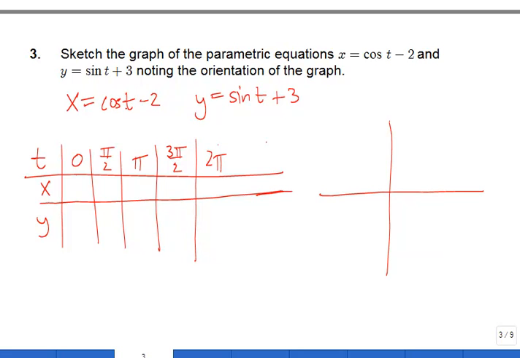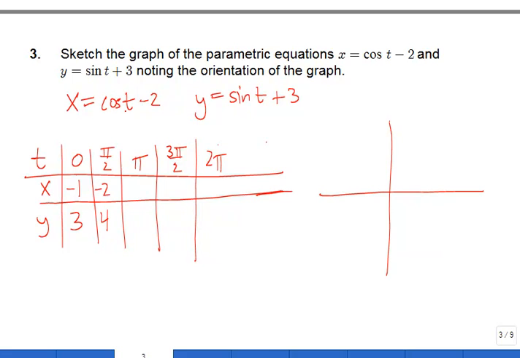So if t is 0, cosine of 0 is 1, 1 minus 2 is -1. If t is 0, sine of 0 is 0, 0 plus 3 stays 3. If t is pi over 2, cosine of pi over 2 is 0, 0 minus 2 is -2. And if t is pi over 2, sine of pi over 2 is 1, 1 plus 3 would be 4.